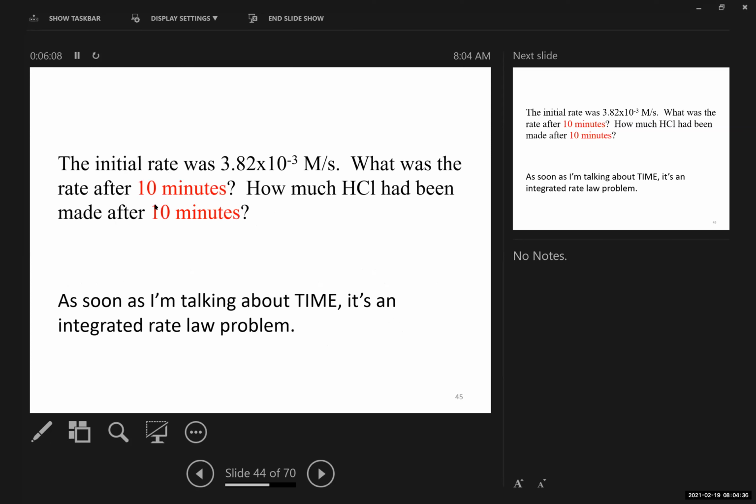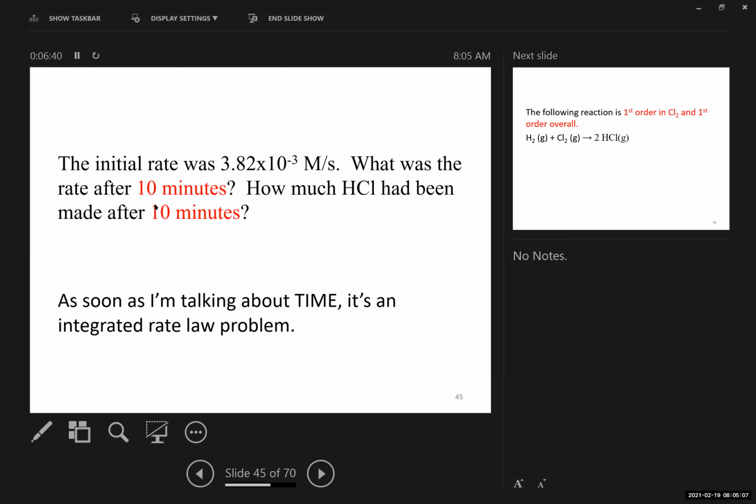This problem itself is really, again, an integrated rate law problem because the tell is that it's asking me about time. Rate laws are great for calculating the rate at a specific instant when I have a known concentration, and I have a k at a known temperature. On the other hand, rate laws directly tell me nothing about time.